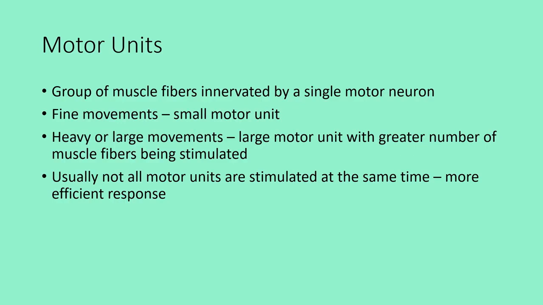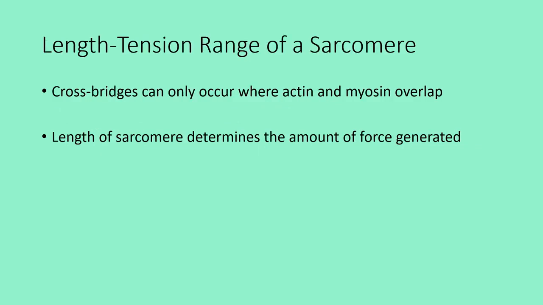Heavier or larger movements are going to be controlled by a larger motor unit. So running, lifting heavy weights, something like that. Usually not all the motor units are going to be stimulated at the same time. You get a more efficient response that way. You don't fatigue as quickly that way.